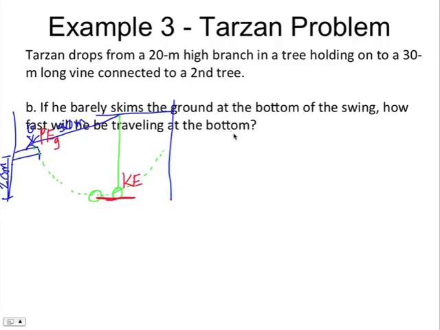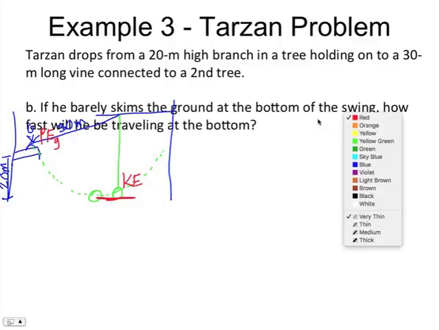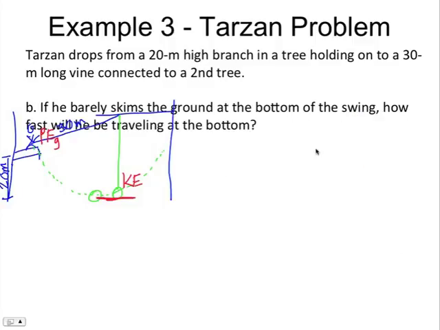So let's set up an equation. Energy initial is going to equal energy final. The energy he has initially is gravitational potential energy converted to kinetic energy. So mgh equals 1/2 mv squared.